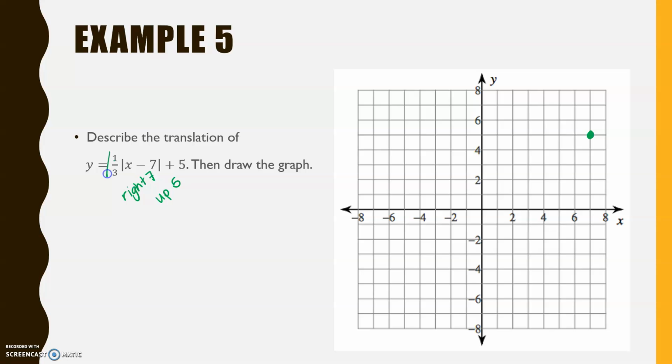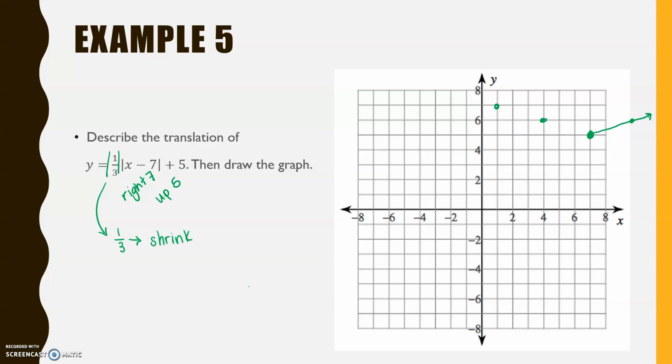And then I'm looking at this, and my absolute value is just going to be 1/3, which means that it's going to be a shrink. It's going to have a slope of up 1 and over 3, and it's going to go right here-ish, up 1 and back 3.